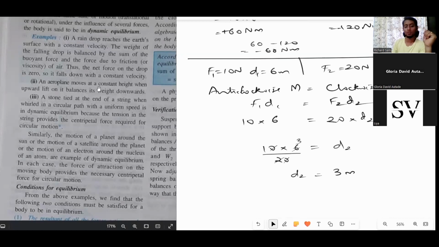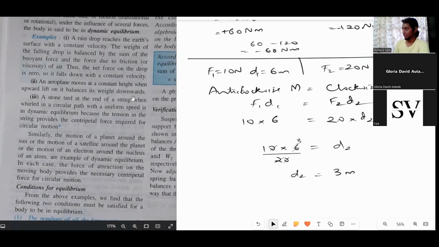Next, an aeroplane moves at a constant height when upward lift on it balances its weight downwards. See, as the aeroplane is moving, there are forces acting downwards and upwards. What is the force acting downwards? Yeah, but what is causing the gravity to pull it downwards?